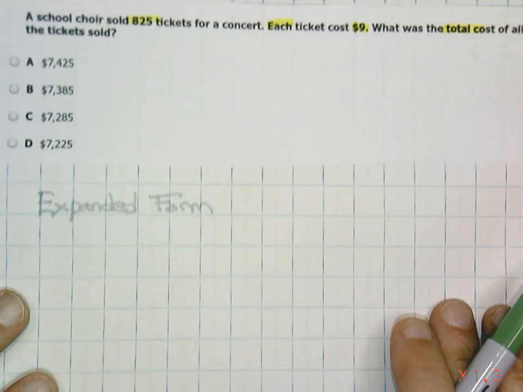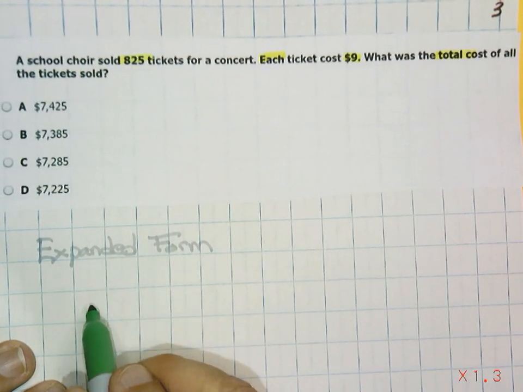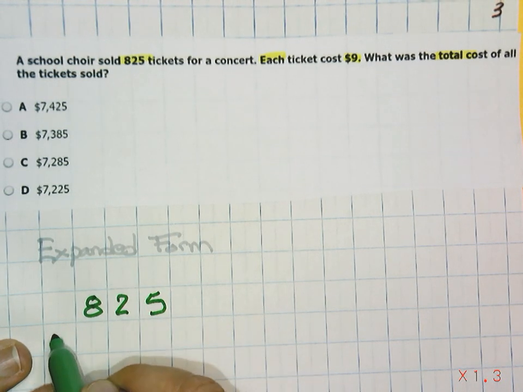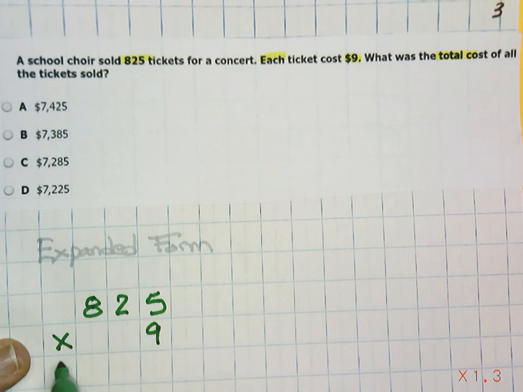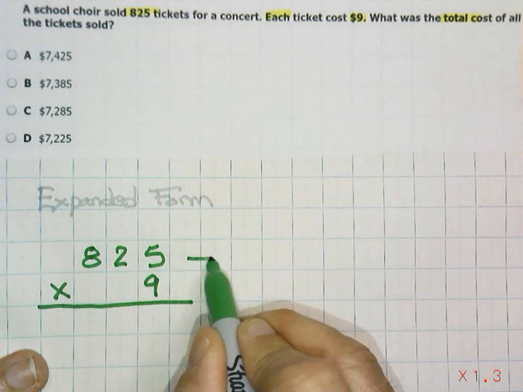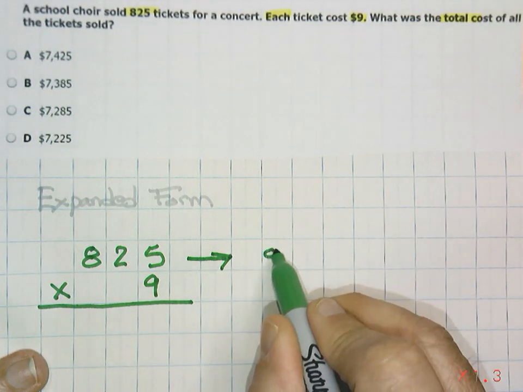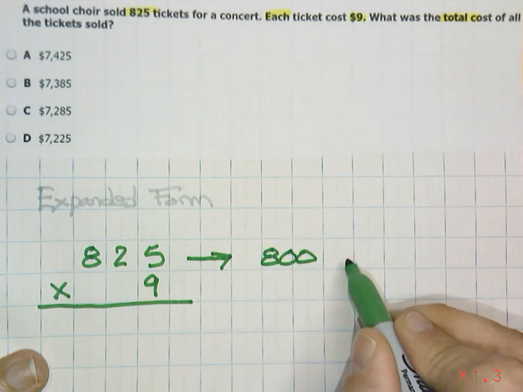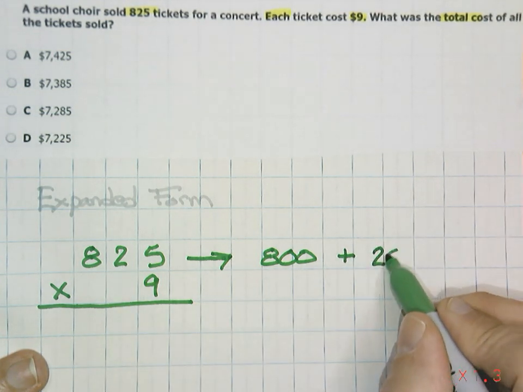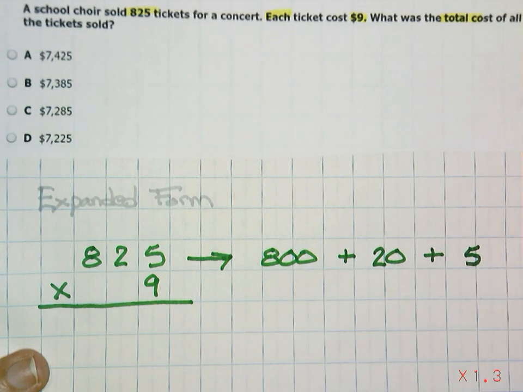Let's use an expanded form strategy for this. We said 825 times 9. 825 in expanded form would be 800 plus 2 tens, which is 20, plus our 5 ones.